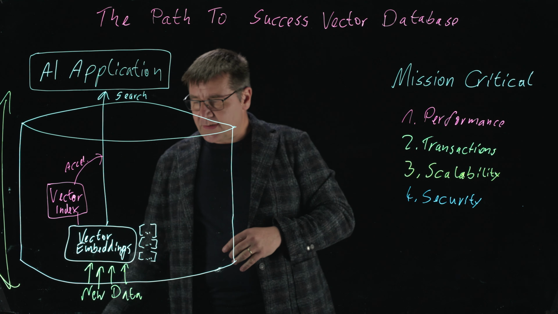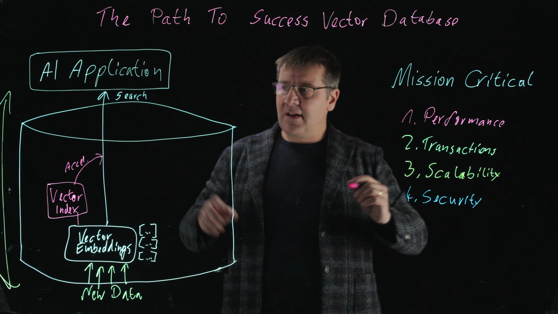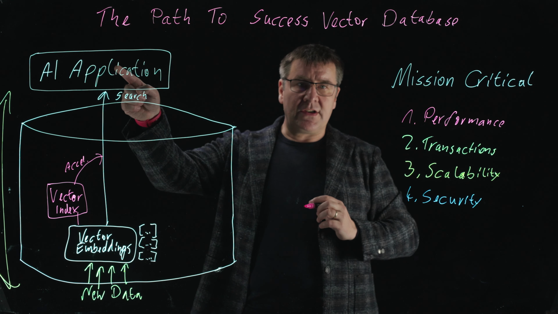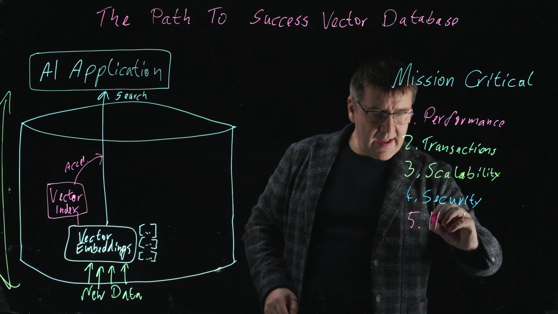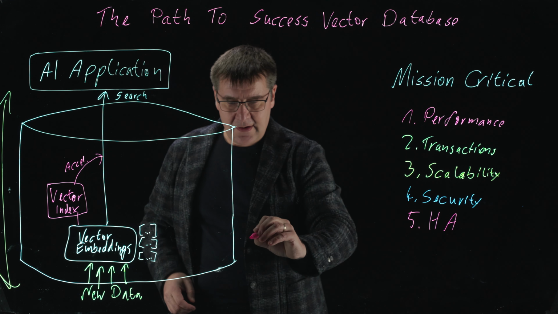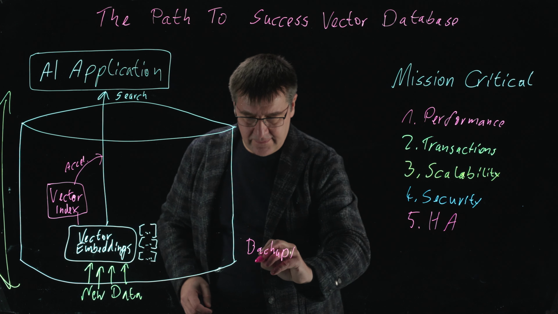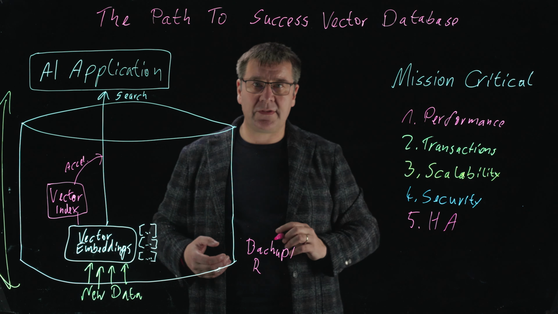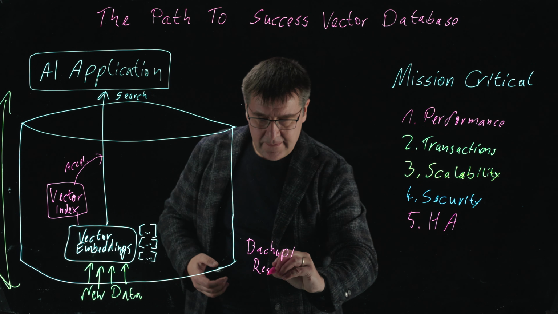Next, what also matters a lot is how do you make this thing available? Again, mission critical means if that database is down, your AI application is down. So high availability is critical, which means things like, for instance, how to do a backup? Or when the worst has happened, the database has been down, the system has been down, how do you restore it?